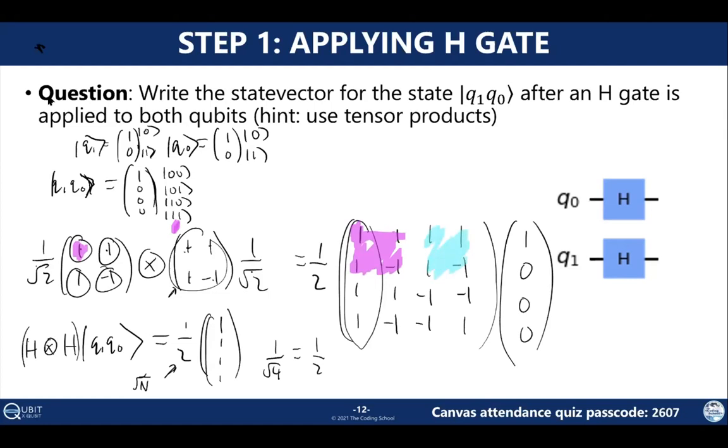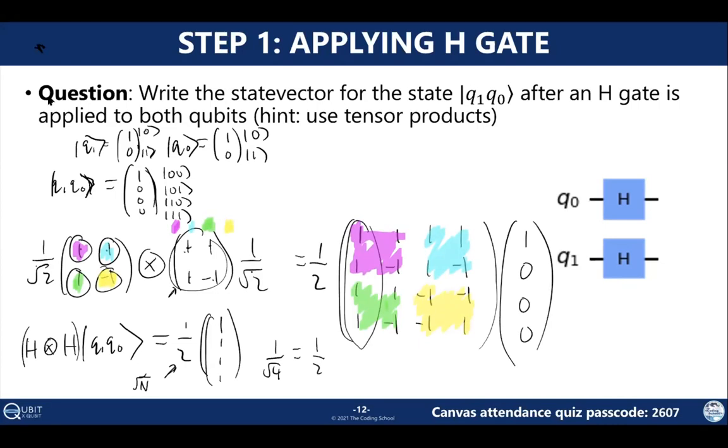This whole quadrant is this one multiplied by this matrix. And this one, like I said, is multiplied by this matrix. So it's actually pretty straightforward.